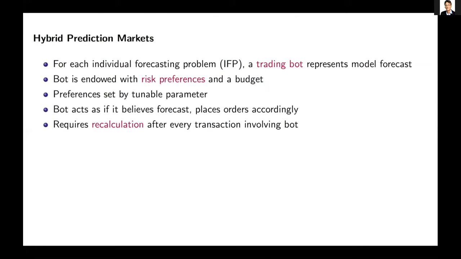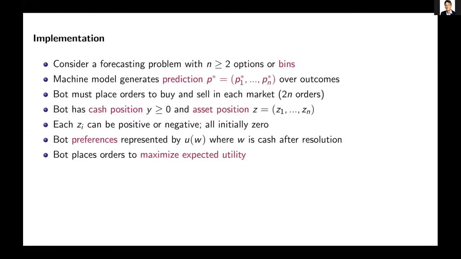So a hybrid prediction market basically is a prediction market in which a model-based forecast is represented by a trading bot that acts as if it believes that forecast, and is endowed with risk preferences and a budget. Those preferences can be tuned, and it basically just acts like any other trader. But when the model changes, it changes its beliefs, and therefore it will cancel and replace its orders.